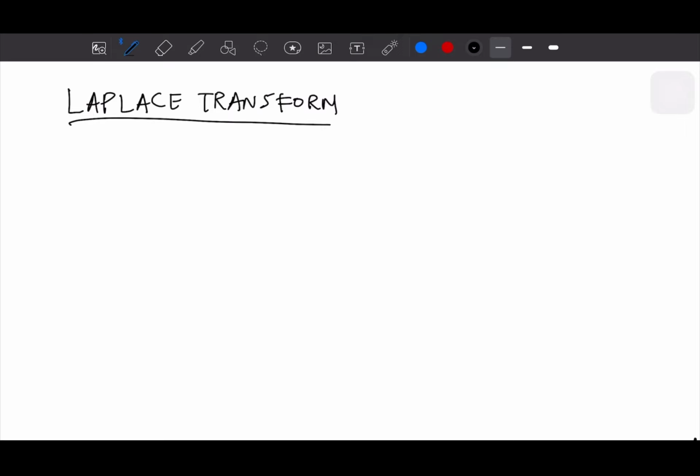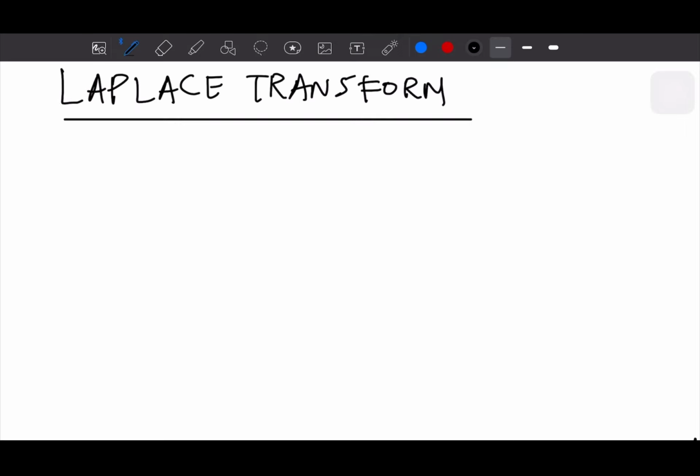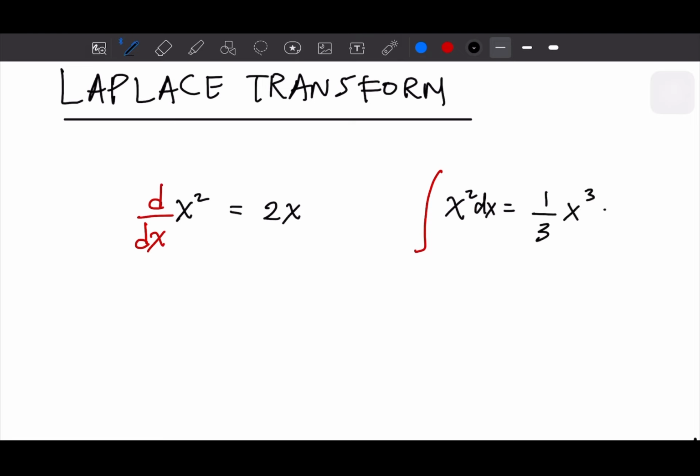Okay, to begin, let's say we have x squared. If we take the derivative, d/dx of x squared, we now have 2x, right? And if we take the integration of x squared dx, we have 1/3 x cubed plus a constant, right?